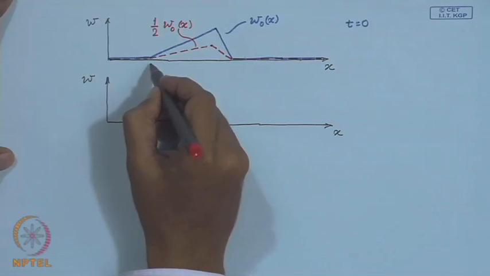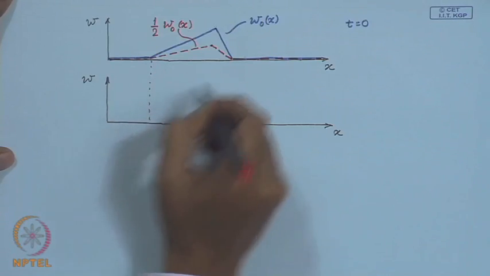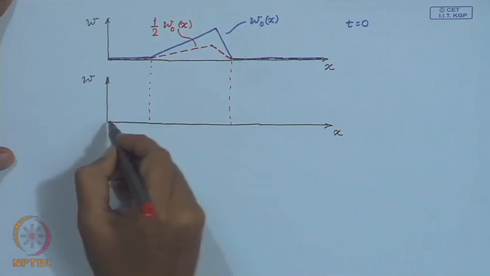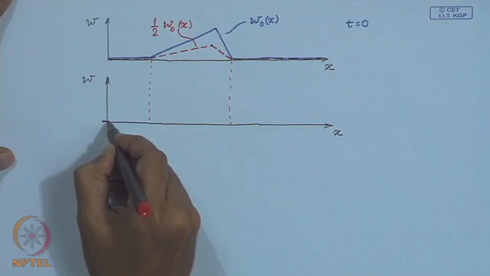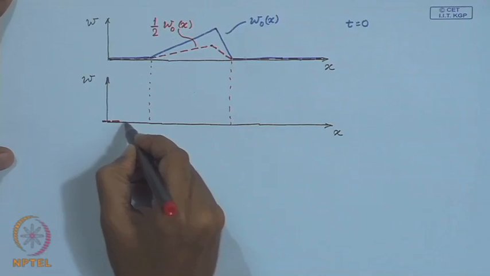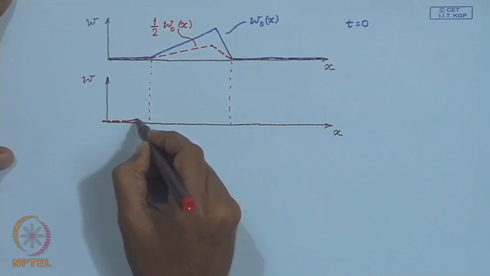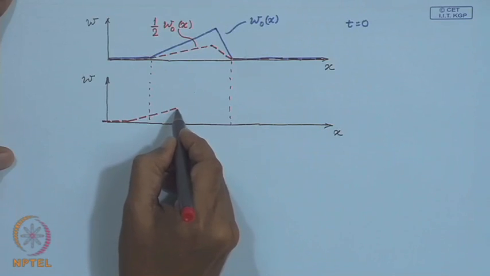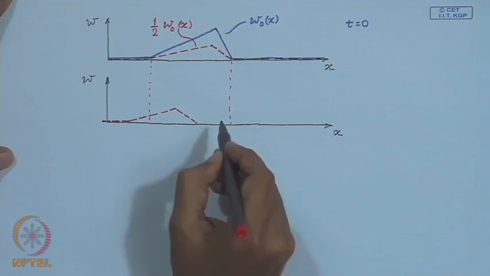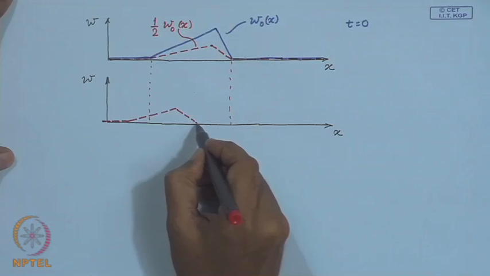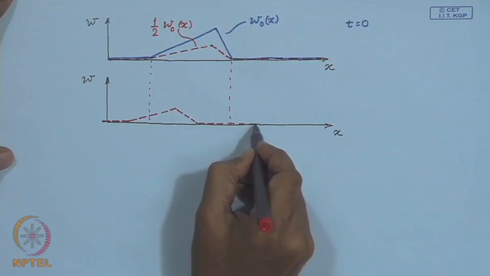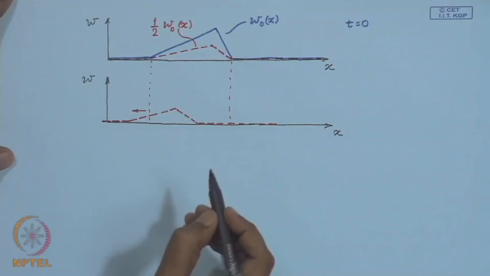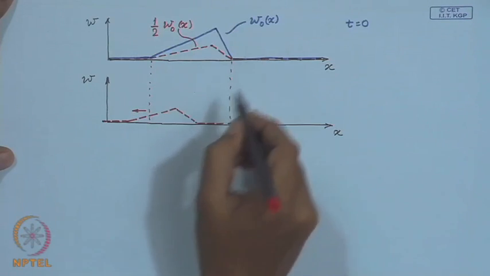So, let me try to show this. So this has travelled in the negative direction and one half will travel in the positive direction.